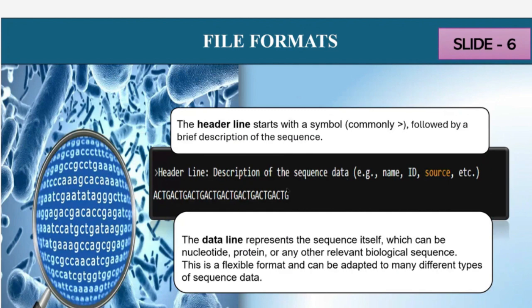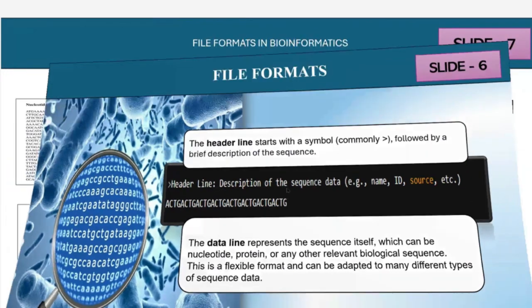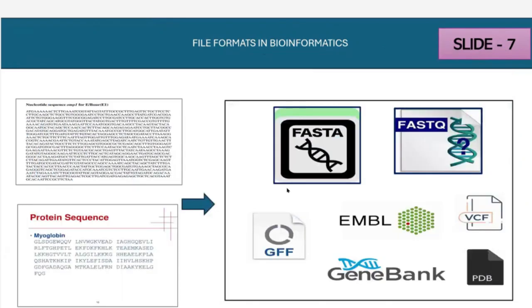And also, there are several file formats used in bioinformatics. Some of them are FASTA, FASTQ, BCF, SAM, BAM, etc. And some images of FASTA formats are here now. In this session, we only handle the FASTA and FASTQ formats.